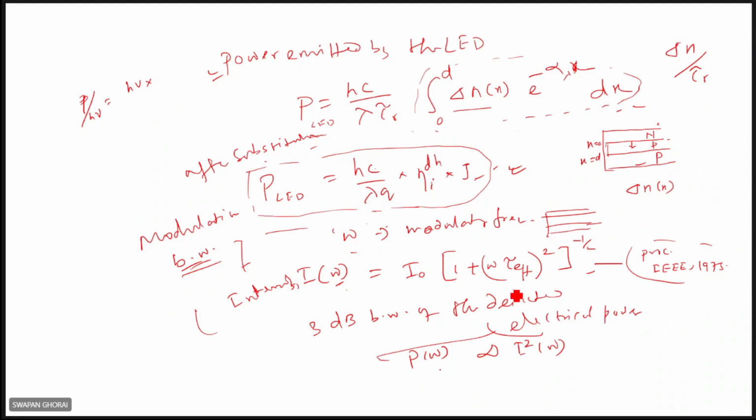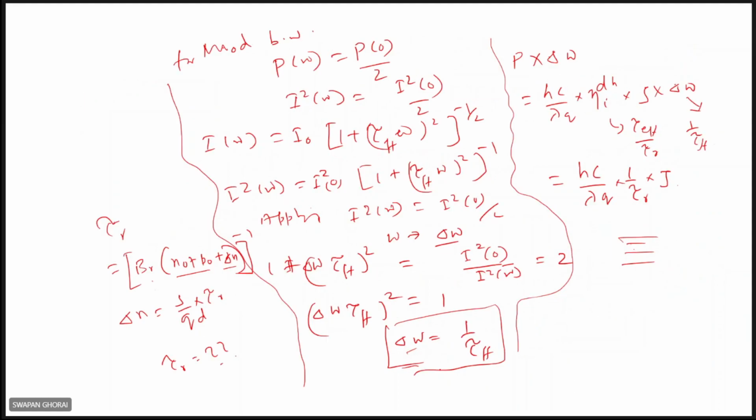And bandwidth corresponds to the half power point. So for modulation bandwidth, P(omega) will be P0 by 2, so I squared(omega) will be I0 squared by 2. We have just seen the intensity I(omega) is I0 times this term. If we take the square, the minus half becomes minus 1. And if you apply the half power point condition, omega will be replaced by delta omega.